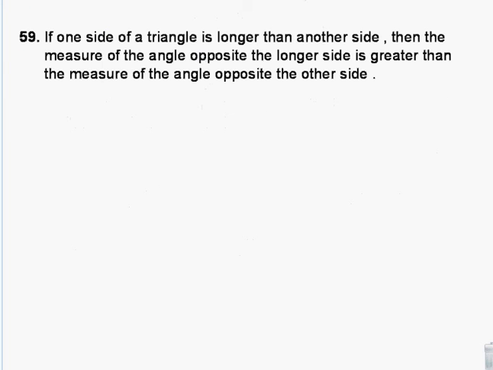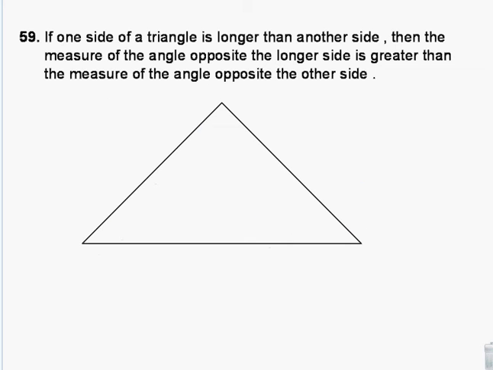And then if we have another triangle, okay, and we will call this x and y, and we will call this a and b. If y is greater than x, then a is greater than b.